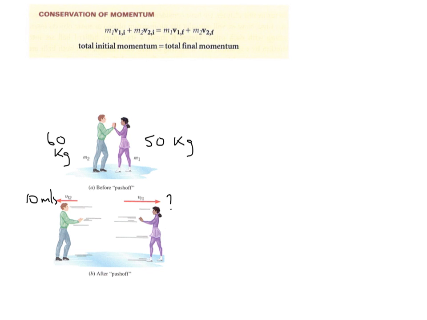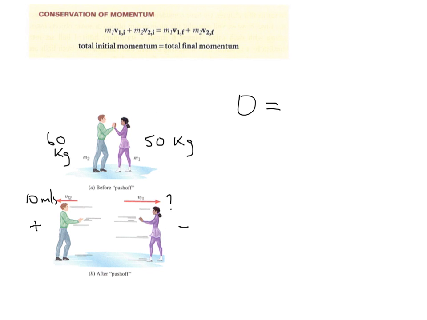So using our equation, let's find their initial momentum. That's very easy. They both have a velocity of 0. So I can say total initial momentum is 0. After the push-off, I see that his momentum, and we're going to have to define a direction as positive. So let's define left as positive, right as negative.